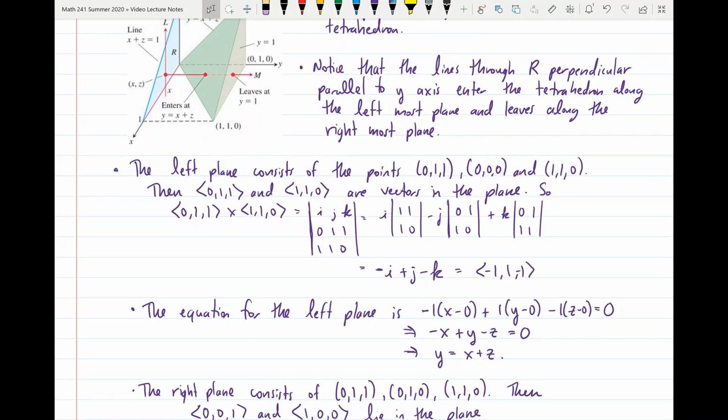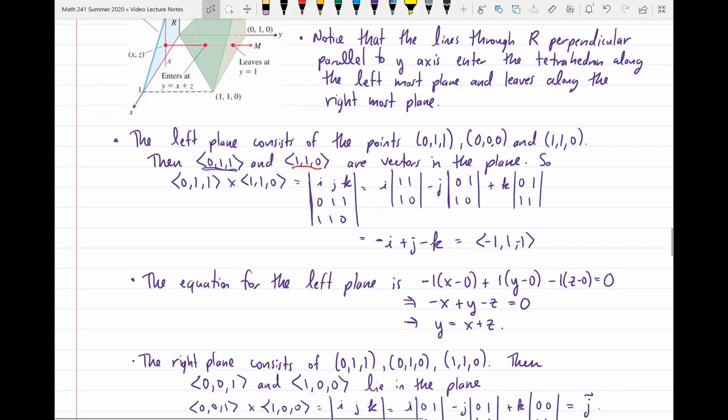To find a vector normal to the plane, we take 2 vectors that are in the plane and then take their cross product. Using the points above, we find that 0, 1, 1 is a vector in the plane, and 1, 1, 0 is a vector in the plane. So their cross product is going to be a vector normal to that plane. We evaluate the cross product here, and we find the vector -1, 1, -1.